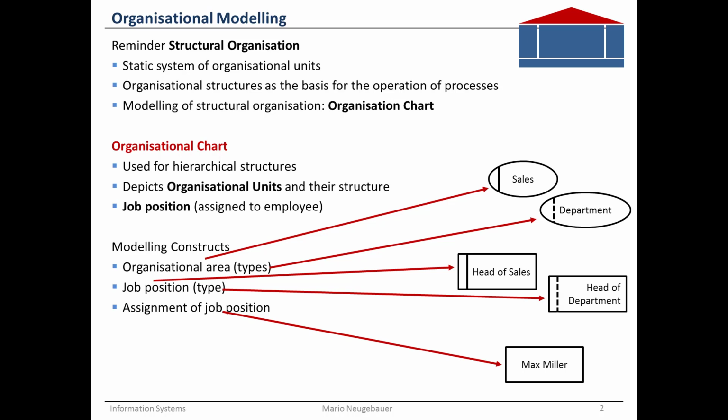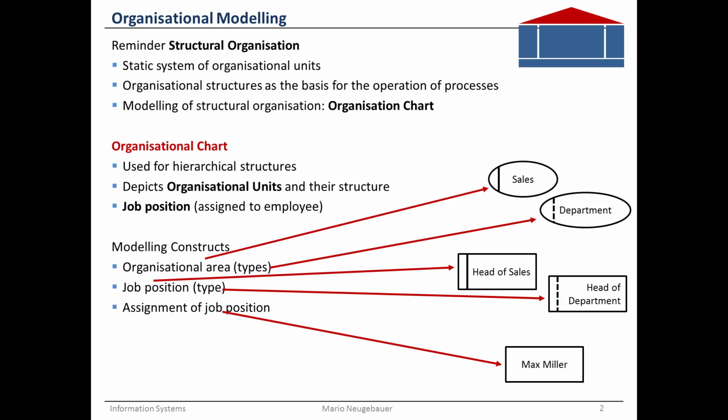And then you would describe it with a so-called job position. That's a modeling construct in the organization chart, and this describes that some human person actually takes this job position to fulfill a certain function, to have a certain responsibility.